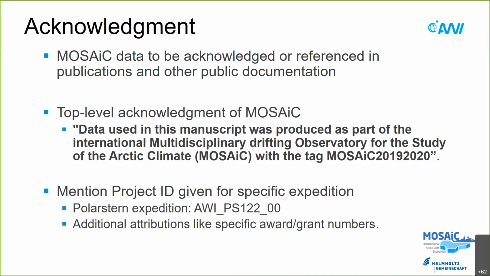Further on, the project ID must also be given together with the data and with the papers. For the Polarstern expedition PS122, which is MOSAiC, the label is RV_PS122_00. It's the grant number. And if you were funded from additional sources, it is of course also recommended to specify these awards and grant numbers.